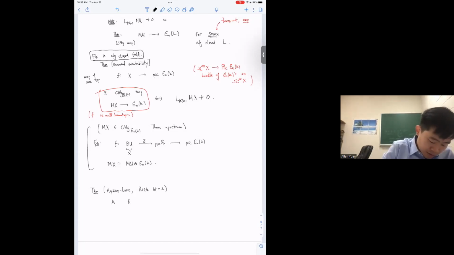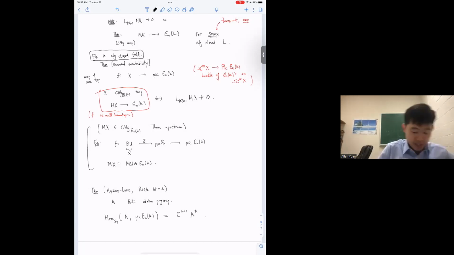What it asserts is that if A is a finite abelian p-group, then maps of spectra from A, considered as a connective spectrum, to the Picard of E_n of K is just the n plus first suspension of the Pontryagin dual of A. In other words, it's an Eilenberg-MacLane space.